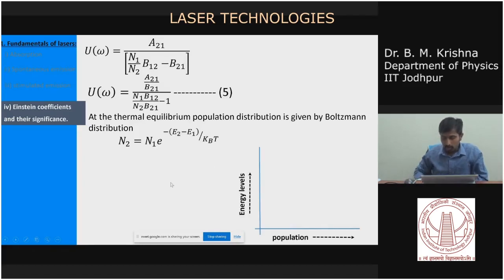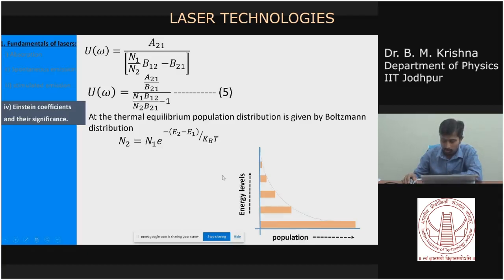If you plot the population versus energy levels, the ground state is fully populated, and as you go to higher states, the population decreases in this fashion. This is the population distribution at thermal equilibrium.